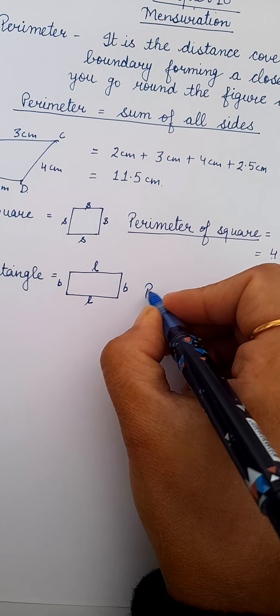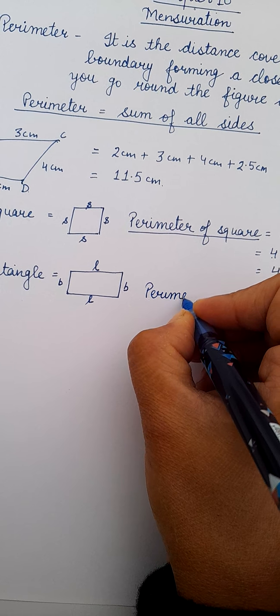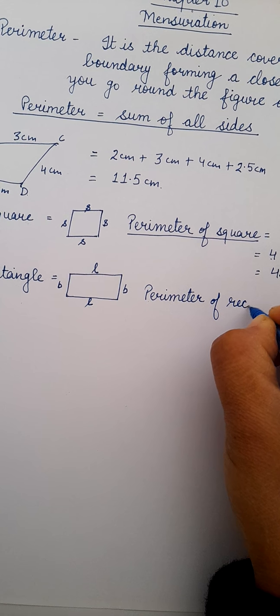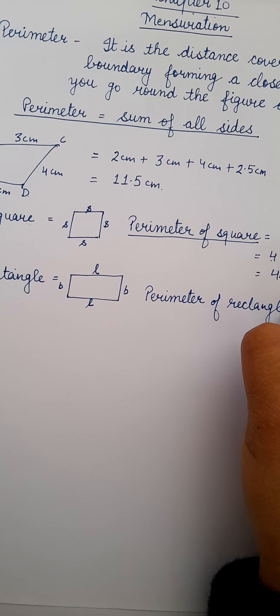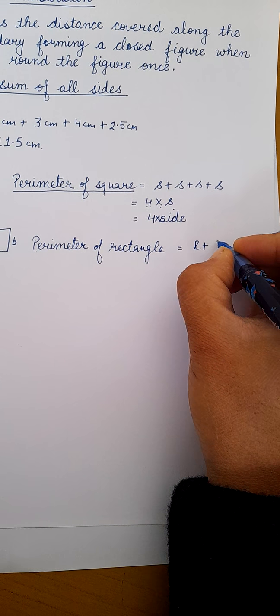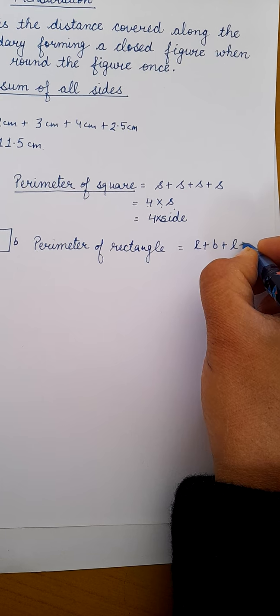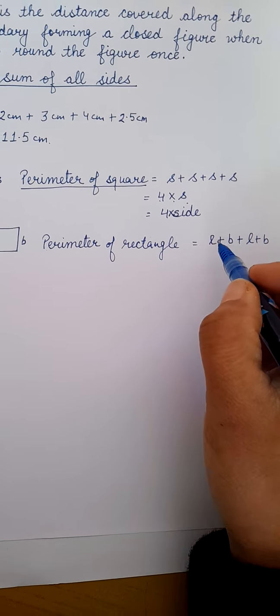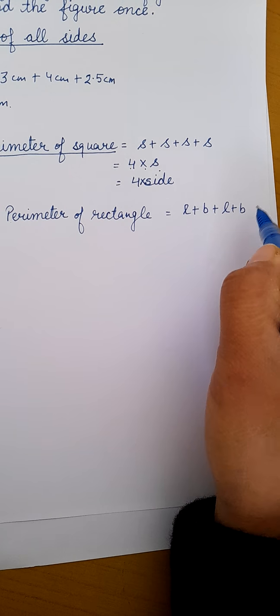So according to the formula, what is the sum of all sides? Perimeter of rectangle: if we sum all the sides, then L plus B plus L plus B. These variables we have chosen. Now L is written 2 times, B is written 2 times.